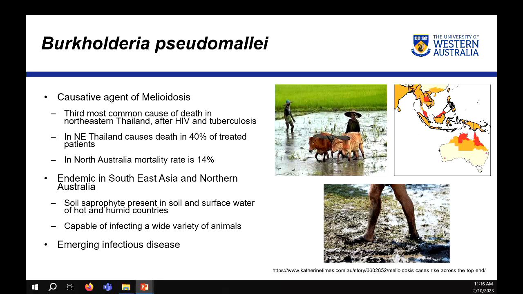But here I've got a picture of rice paddy field workers. It's an occupational hazard for them because they have cuts and abrasions in their skin, and that's how they acquire the infection whilst working in these paddy fields. And so there are a lot of farmers presenting with the infection in not just Thailand, but Vietnam, all around Southeast Asia.